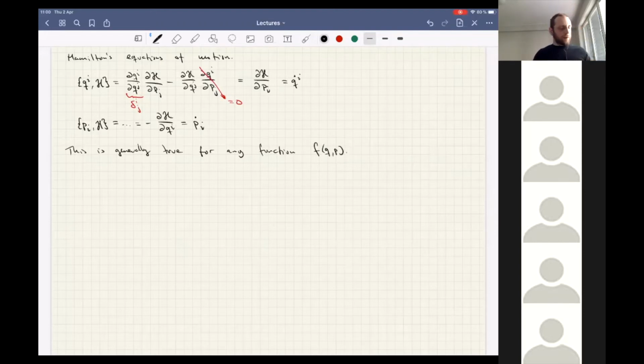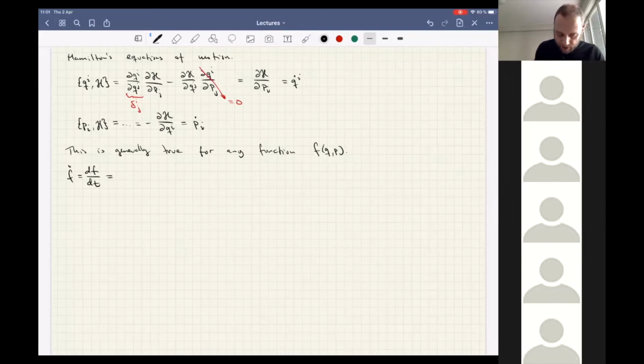Now, if we have a function that also depends on t, we're going to have df/dt. If we take the time derivative of f, so this is essentially f dot, we can use the chain rule here.